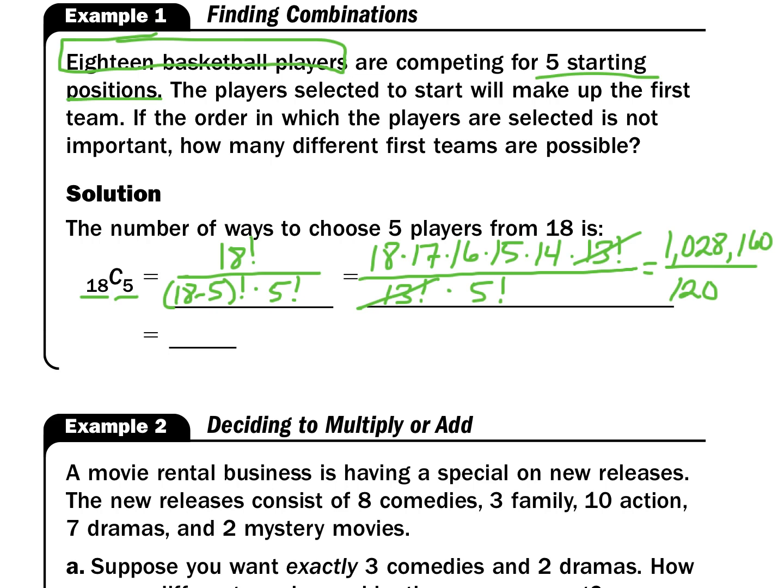So divide that by the 120, and I get my total possible ways that I can get my 5 starters of 8,568.